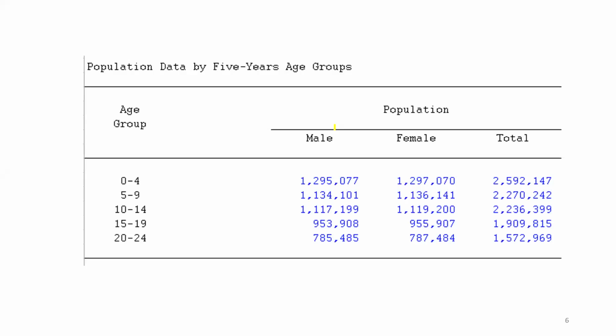Okay, now you have a data set. It says population data by 5-year age group. Now forget about Newton's formula. I introduced that one to turn your 10-year age groups into 5-year ones. From here onward, I'm only using 5-year age groups.